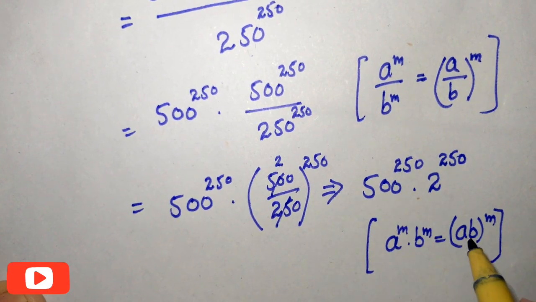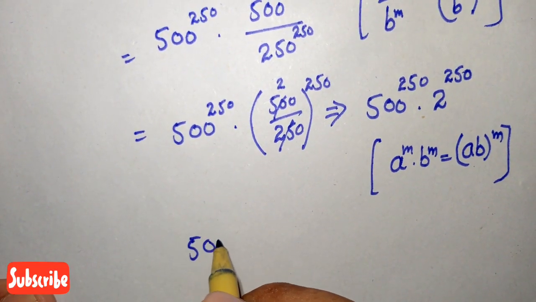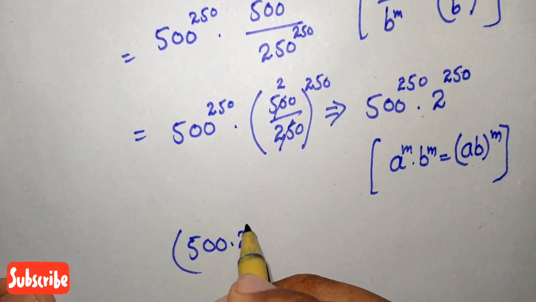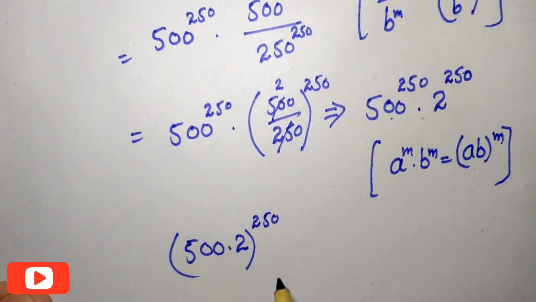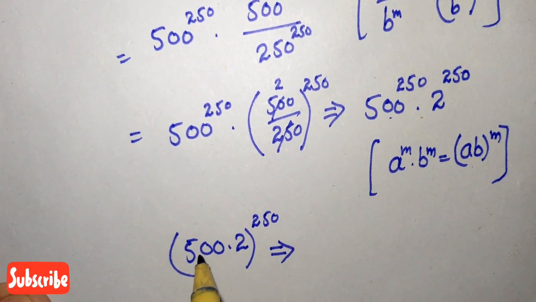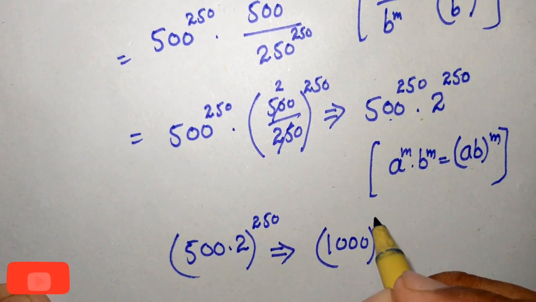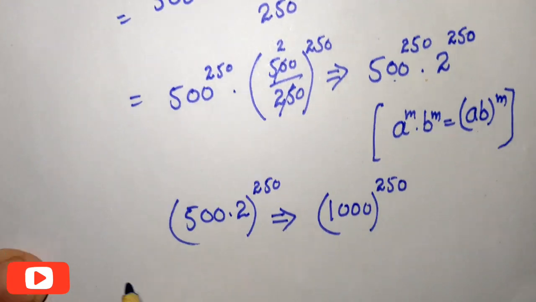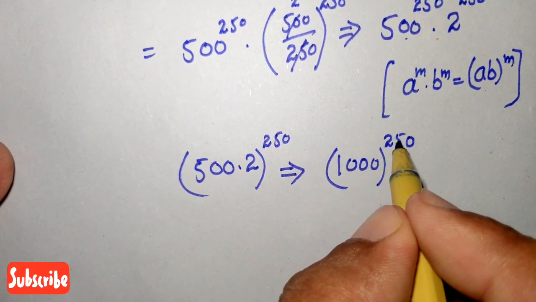Here the powers are same, so we apply this condition. So this will become (500 times 2) to the whole power of 250. 500 times 2 is equal to 1000, so 1000 to the power of 250.